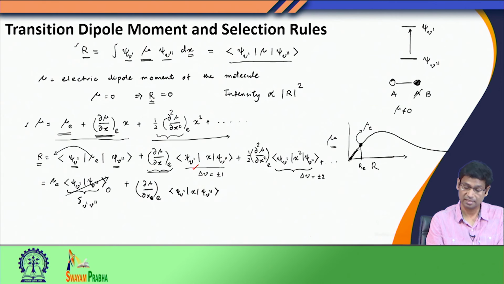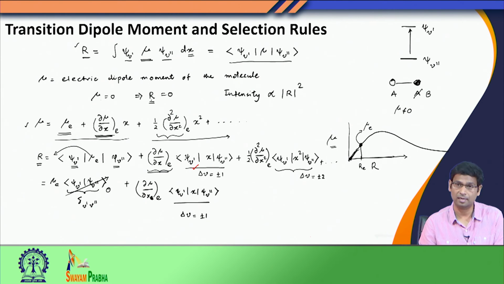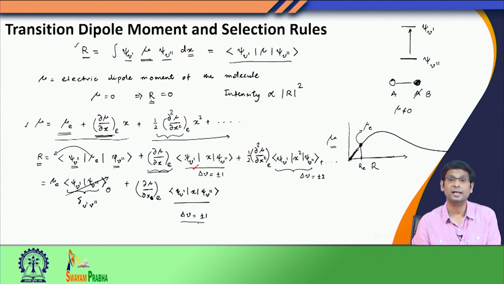If I truncate this, it is called the harmonic approximation. Under harmonic approximation, the selection rule becomes delta v equals plus or minus 1. Of course, when delta v equals plus or minus 2 comes, that means we go beyond this harmonic approximation, and we will have the higher order terms, higher order transitions, but at the moment we see that delta v equals plus or minus 1 is the selection rule.